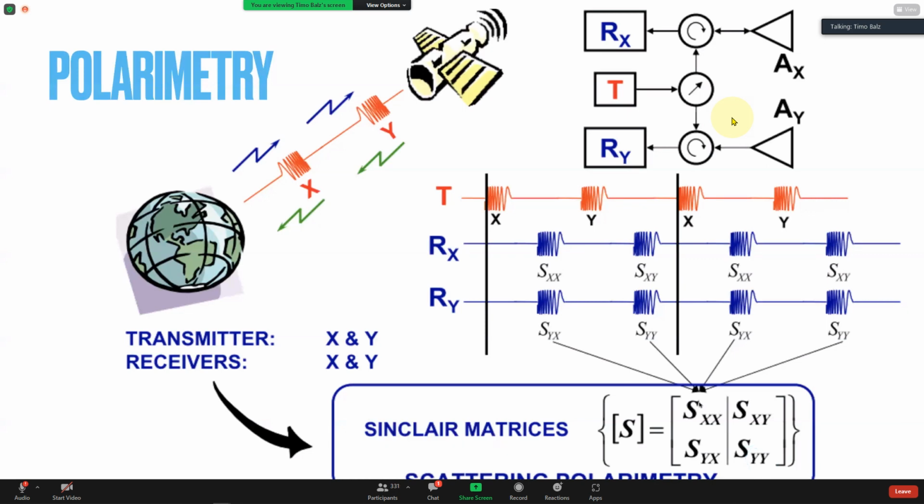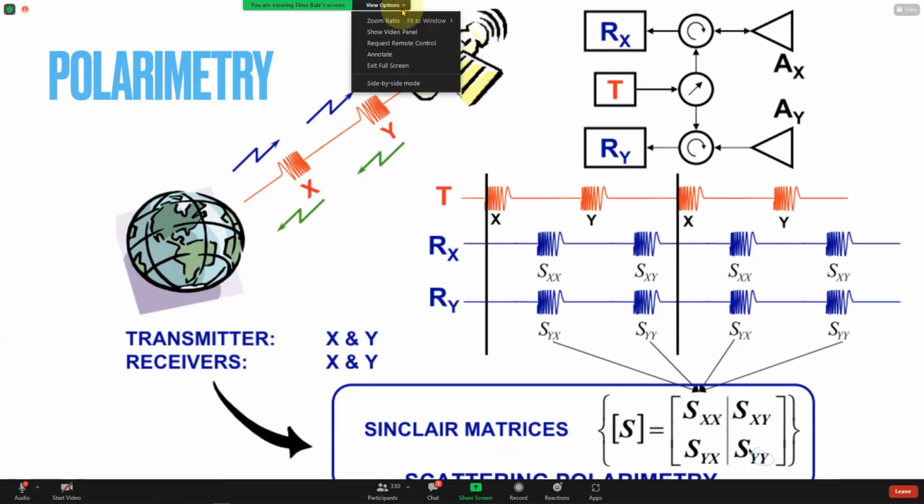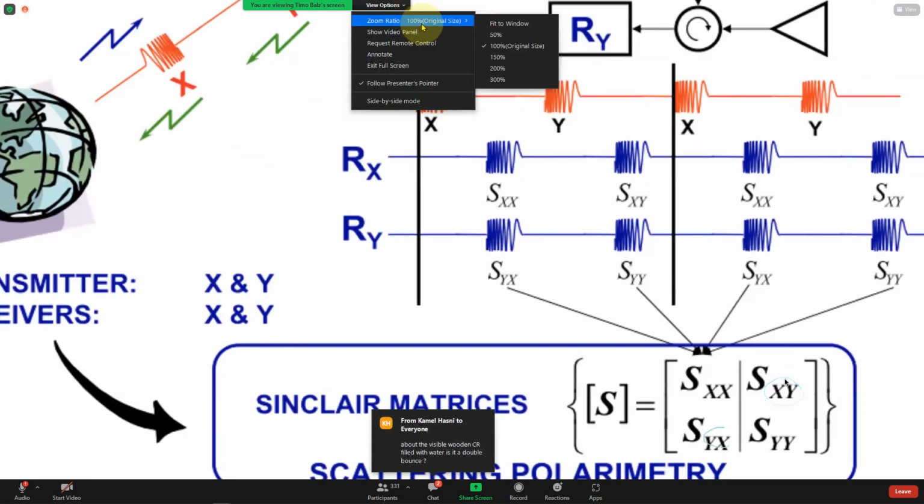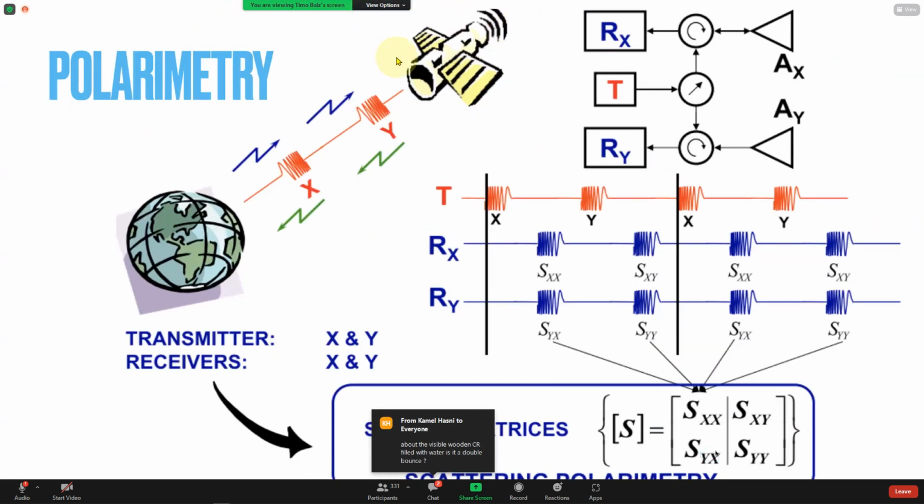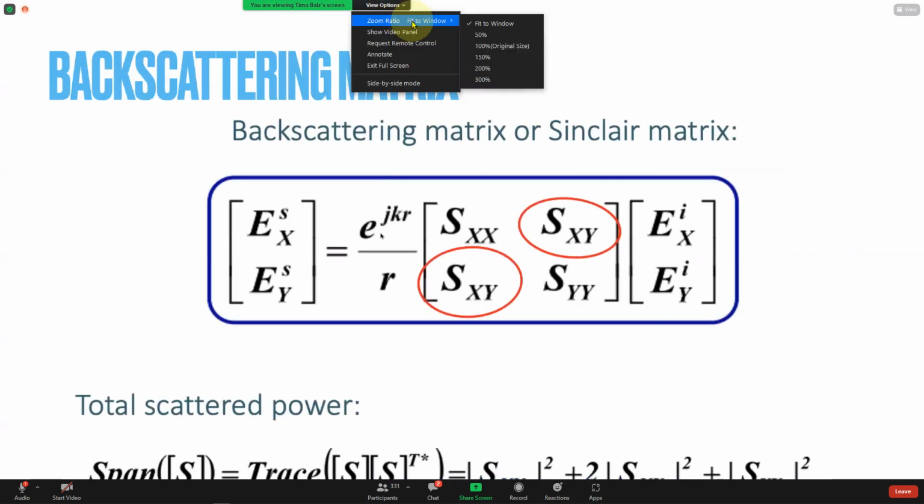Before we used HH and VV; sometimes in polarimetry they write XX and YY. It's the same thing. And then XY and YX for HV and VH. You put them into such a matrix to gather all four polarizations. That's the so-called Sinclair matrix, and this is used to analyze that.